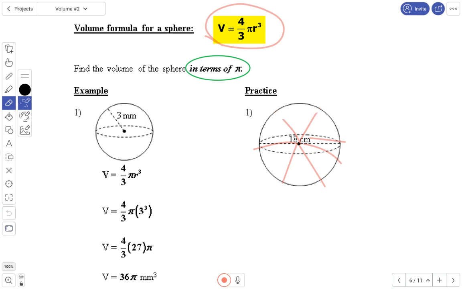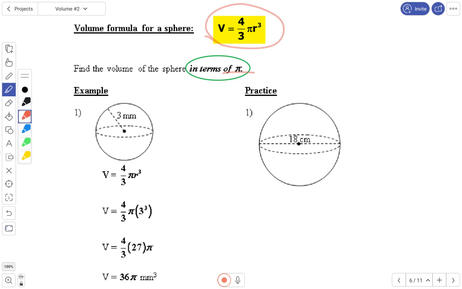That's what makes it three-dimensional. So you're going to cube it, multiply it by pi, and then by 4/3. Again, because you're dealing with a circle, you may be asked to find the volume in terms of pi, or you may be asked to solve and round it.